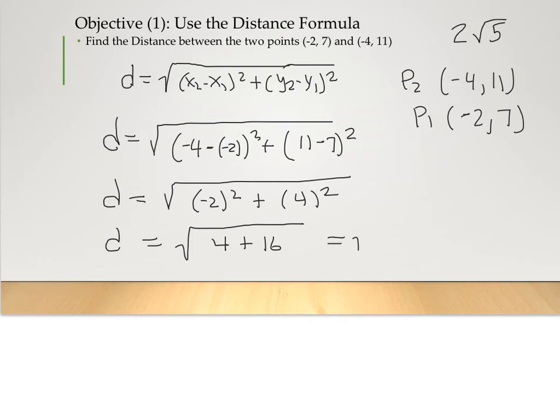And this is equal to the square root of 20, but I can take a 4 out, and this gives me 2 square root of 5. So that concludes our objective 1 for this point. Hopefully you followed through the methods, and you know how to do the distance between 2 points.